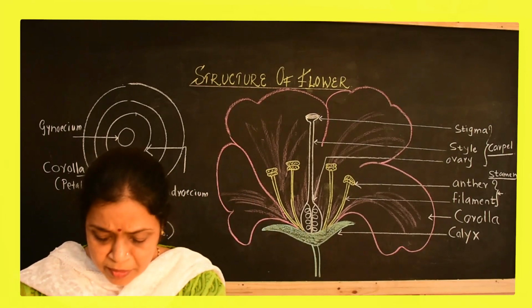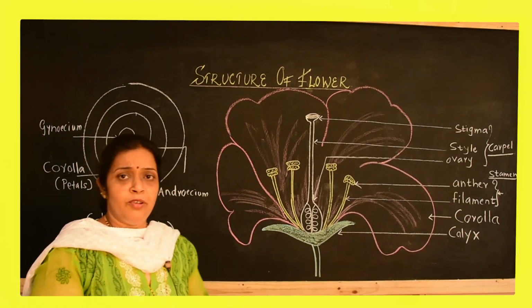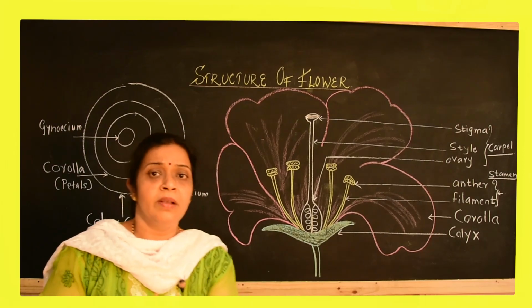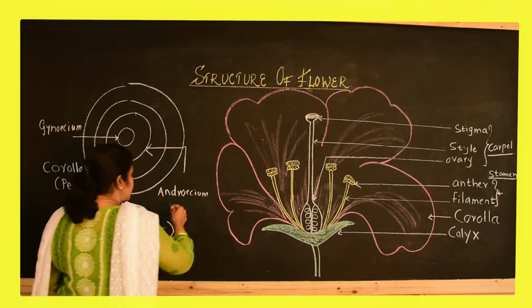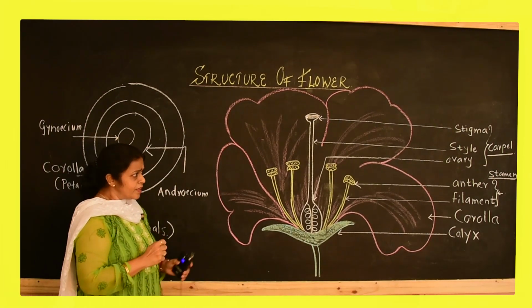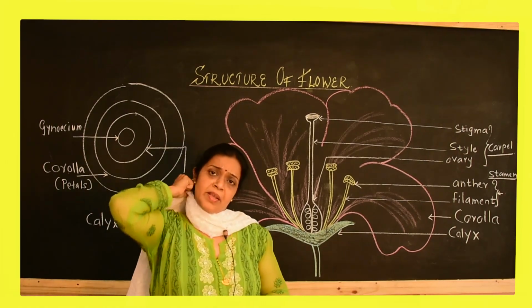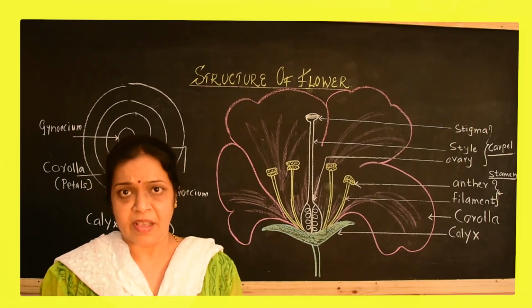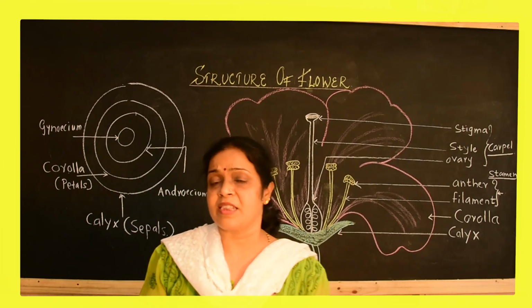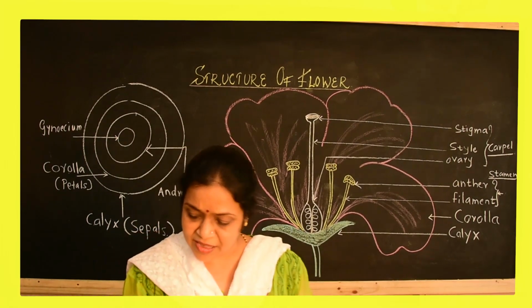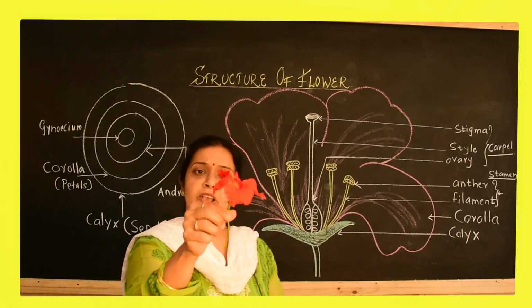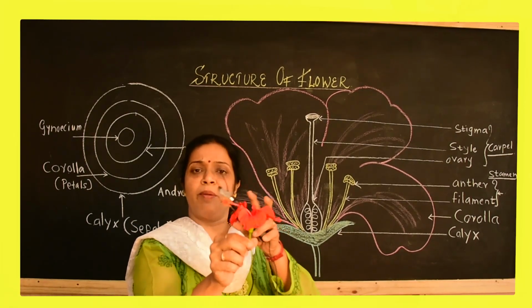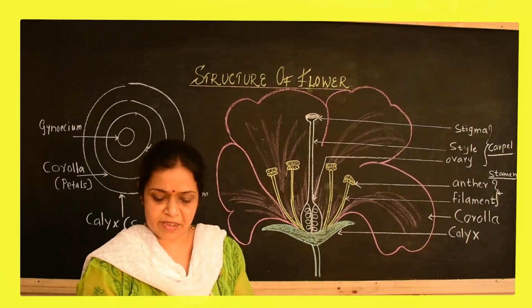Okay. So, this flower, you have seen actual flower here. Now, certain other things. The flowers which are having both this androecium and gynoecium present in that, such flowers are called as bisexual flowers, as in case of this hibiscus. You are knowing it is having the androecium as well as gynoecium present in that.